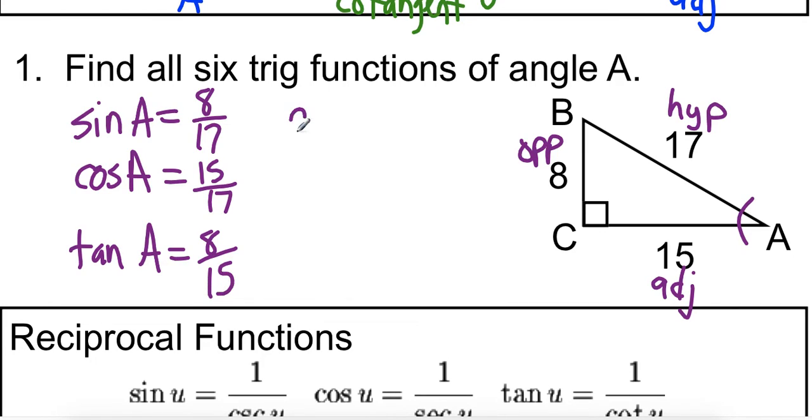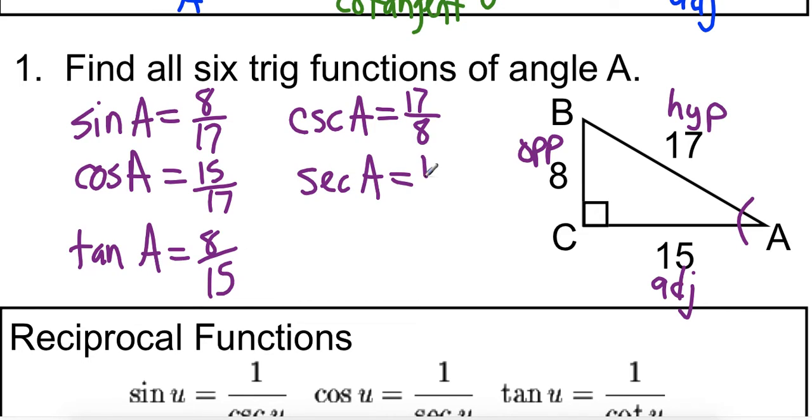To find the other 3, remember sine and cosecant go together, so we're just going to flip that one over, 17/8. Cosine and secant are cofunctions, so we're just going to flip that one over. That'll be 17/15. And tangent and cotangent go together, so we have 15/8.